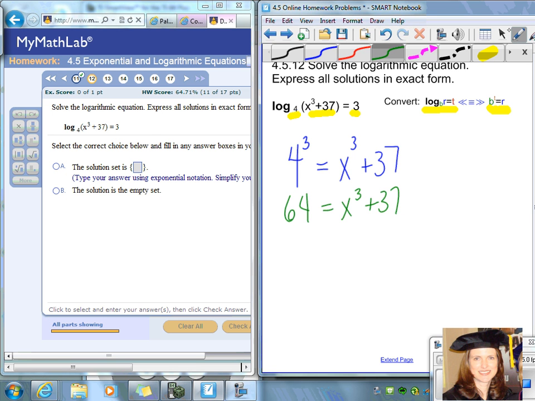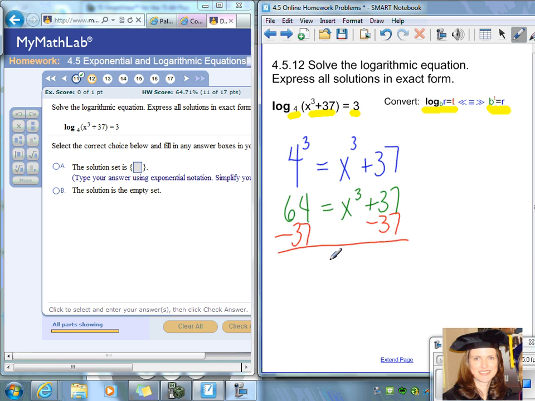We want to get that x by itself, so let's subtract 37 from both sides. And you get x to the third is equal to 64 minus 37, which is 27. So now we end up with the equation x to the third equals 27.